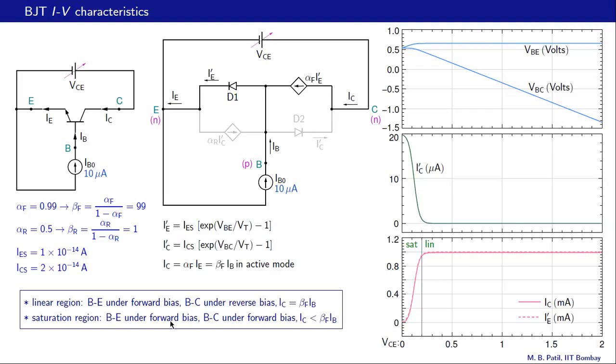We have the saturation region on the left of this line, and in saturation region, the base emitter junction is under forward bias, and the base collector junction is also under forward bias. And in this region, IC is less than beta times IB, as we can see over here.